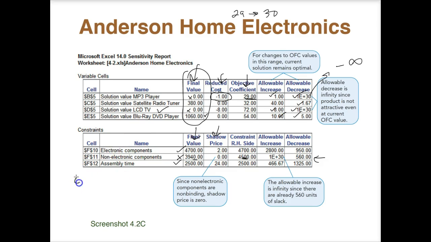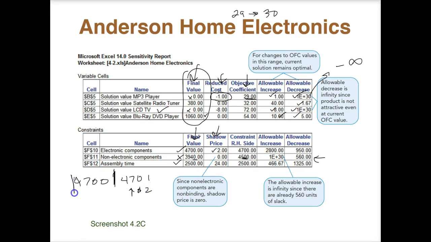So for instance, if I wanted to change the amount of electronic components I have from 4,700 to 4,701, then when I change that supply amount, this tells me that my profits are going to go up by $2 for every 1 electronic component I have extra in supply. And of course that works the other way.